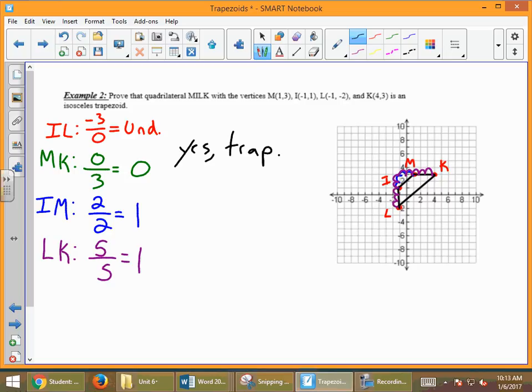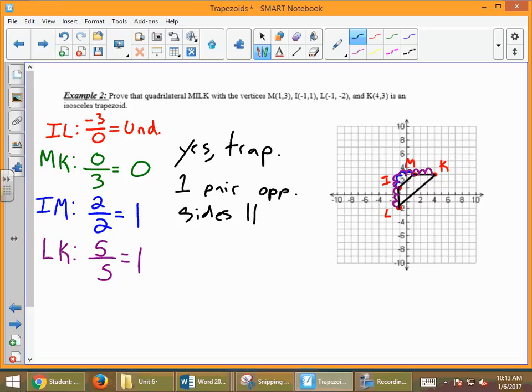And I know it's because I have 1 pair of opposite sides that are parallel. It's a trapezoid. Now, is it isosceles? I have to go to the next step. Isosceles trapezoid, you told me isosceles means that 2 sides have to be the same, the sides that are not the parallel sides.